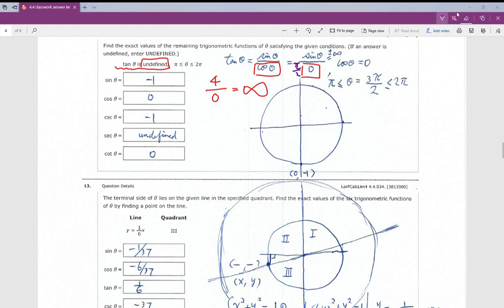So when tangent is undefined it means 0 on the denominator. It also means cosine theta equal to 0. Cosine theta equal to 0 will be here or here. You have two choices. Either (0, 1) or (0, -1). Two choices.